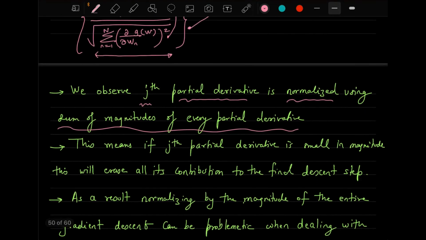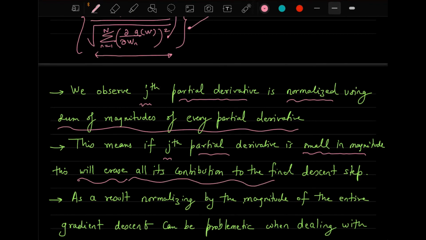So what happens is, if the jth partial derivative that you are calculating at the flat valley is small in magnitude, not 0 but small, then it will be completely diminished.